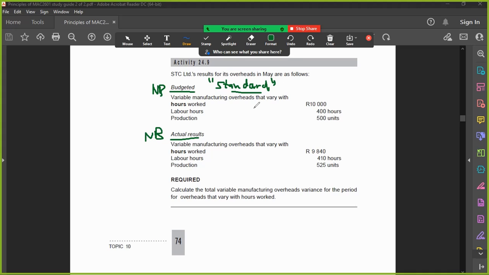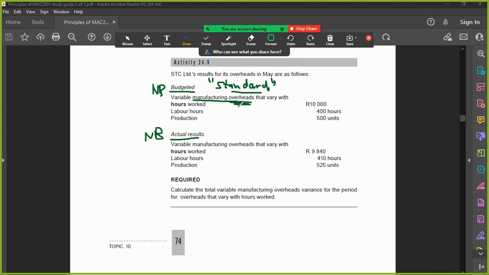Is that right? Okay, so here you've got a total variable manufacturing overhead. So, what is a manufacturing overhead? Do you know what that is? Yes, it's all the overhead, so things that's not directly linked to the production. Correct, yes. All right, so when you have overheads, remember the problem with overheads is it applies to the whole business.